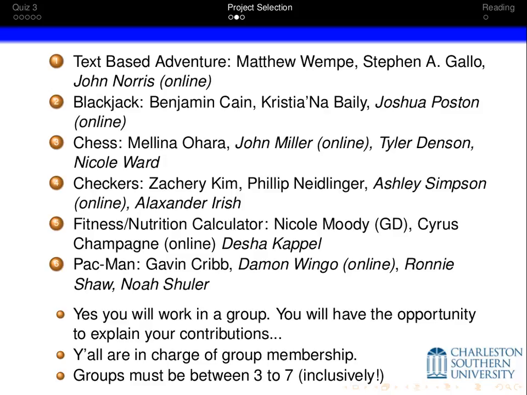That way, at least, we'll have a good distribution. If your name is in italics, that means I just assigned it wherever. I didn't get an email from you, or I'm sorry if I missed your email, but I didn't see an email from you, so I just put it up there.